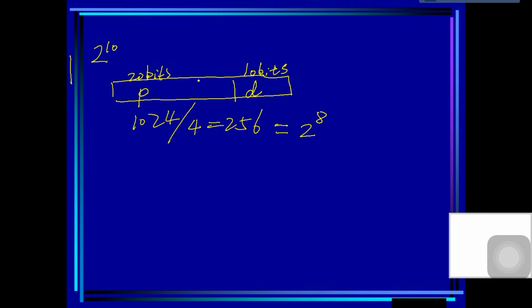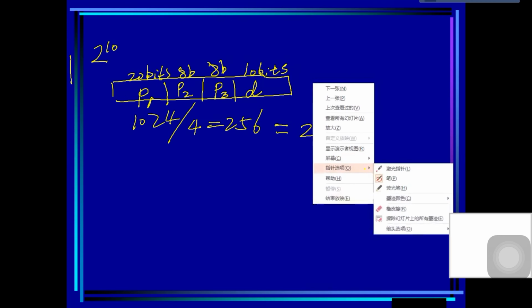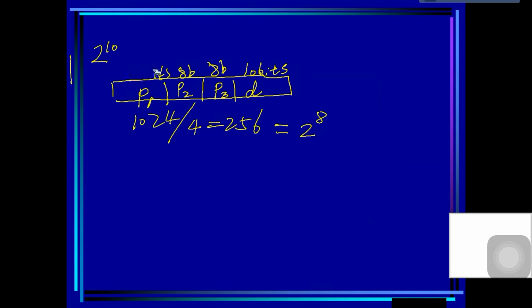We have to divide the logical page number into 3 parts, okay? This is P1. For P3 it is 8 bits, and P2 is also 8 bits.